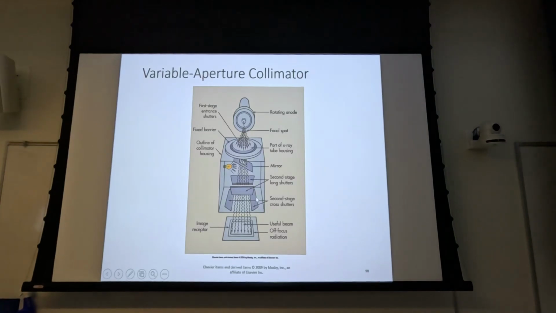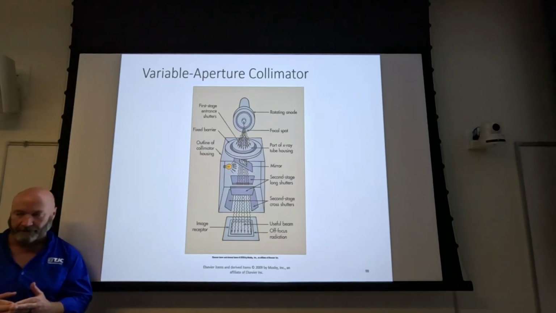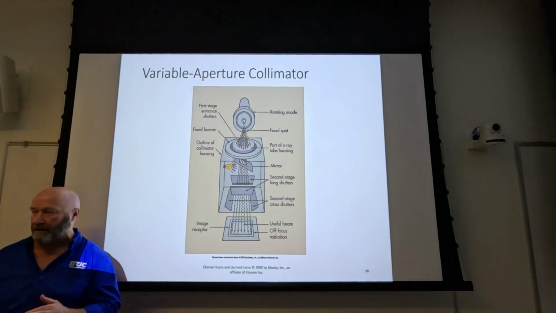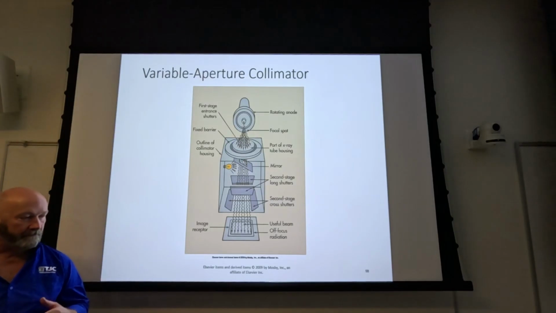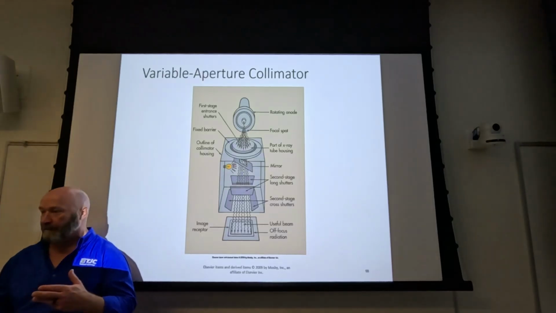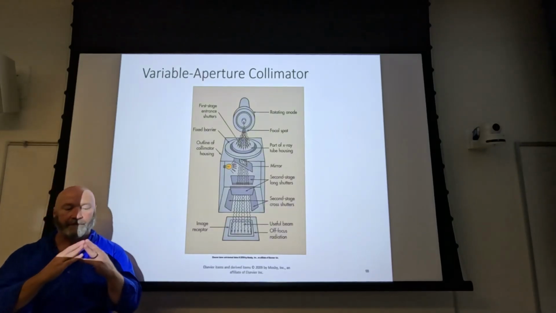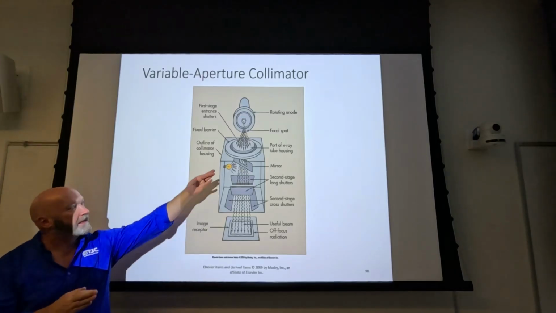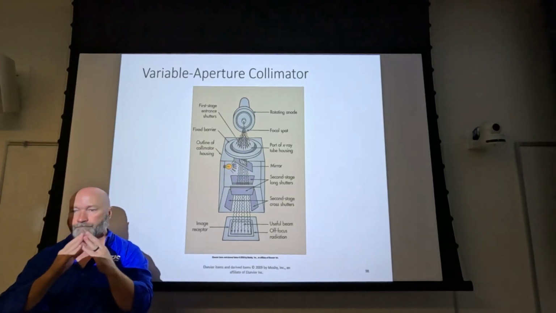When you adjust your collimation, you're squeezing those together or spreading them out. But you've got this one up here too, which we refer to as a multi-leaf collimator. If you do any rotations through radiation therapy, you'll see some of these. In this case, this is kind of like a cone.